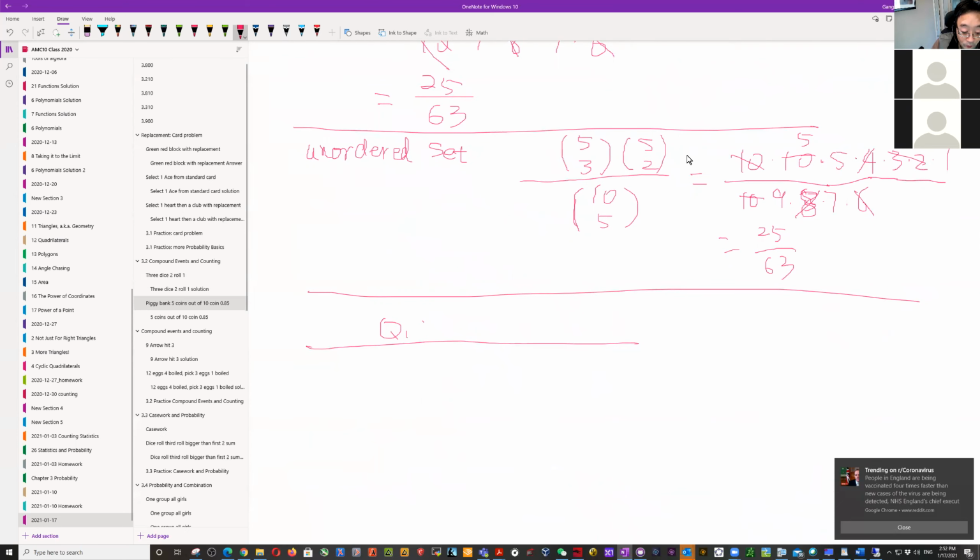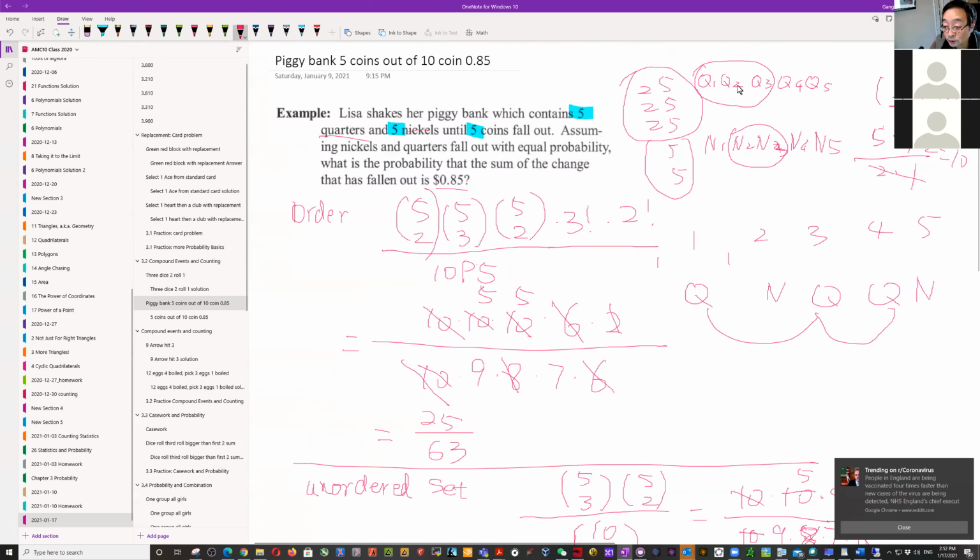First, we're going to select a quarter. I don't know which quarter it is, but we're going to select a quarter. Basically, all our quarters are labeled. All our nickels are labeled. In a counting problem, even though the quarters could look the same, inherently they are actually different.